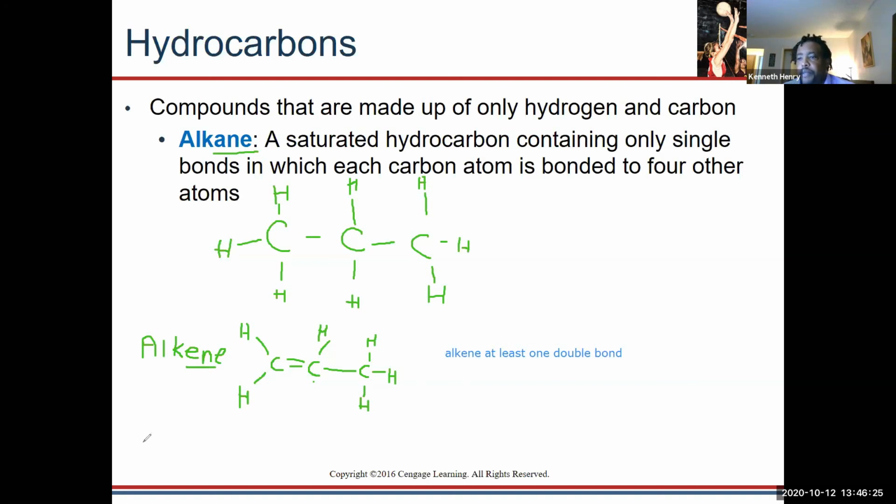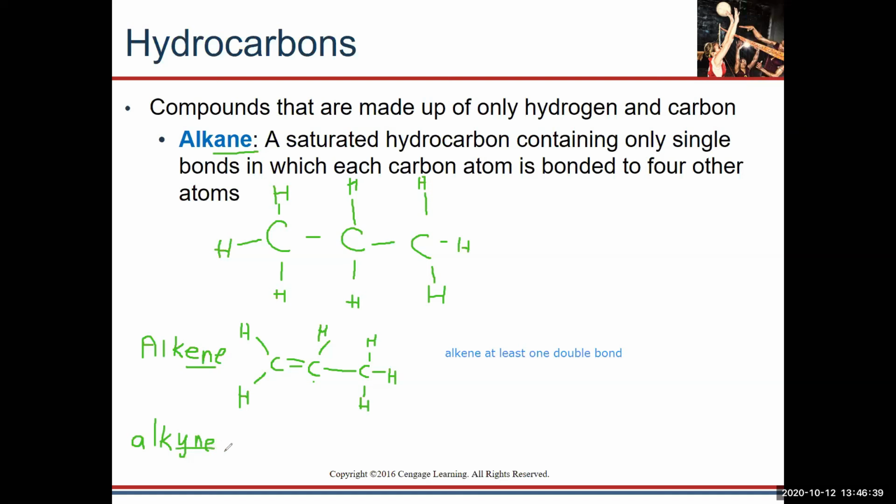And then the next family is the alkyne. What do you think that means? One triple bond? At least one triple bond.